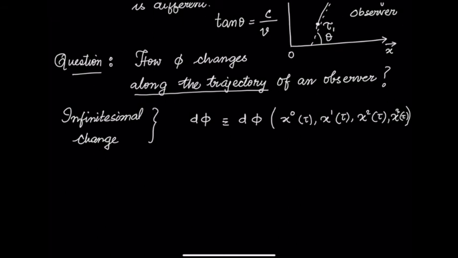Now, once I have things like this, simple analysis tells us that I can calculate this by the change of phi along every x, supplemented by the change of x along tau. There is a sum over alpha, and this is coming directly from the chain rule of partial differentiation.